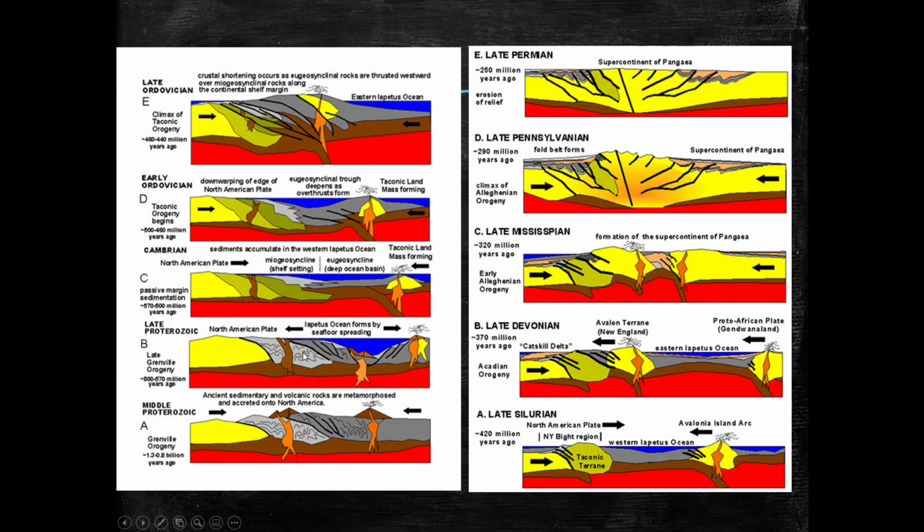It broke apart and created the Iapetus Ocean. Then slowly we had closing of the Iapetus Ocean and the creation of the next supercontinent, Pangaea. Pangaea broke apart around 200 million years ago, and the Atlantic Ocean has been spreading ever since. That is an example of a Wilson cycle, the opening and closing of an ocean basin.